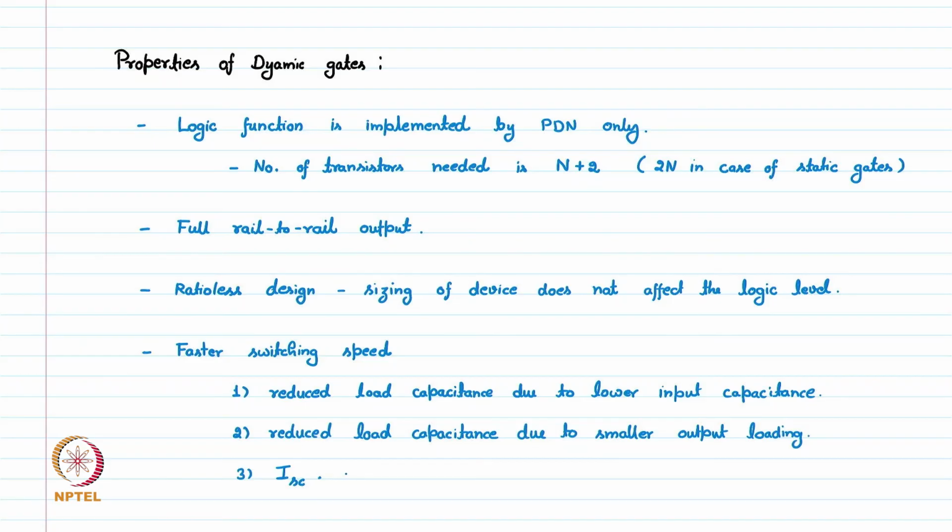So we do not have any short circuit current from supply to ground. So all the current by the PDN goes into discharging the CL.